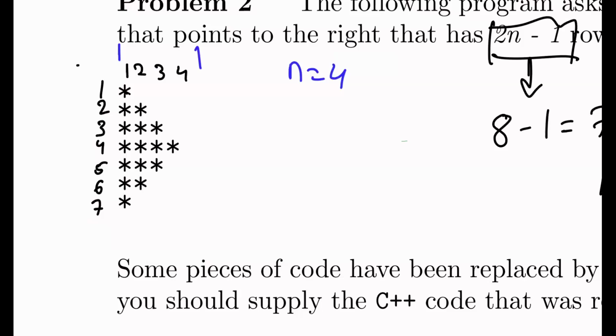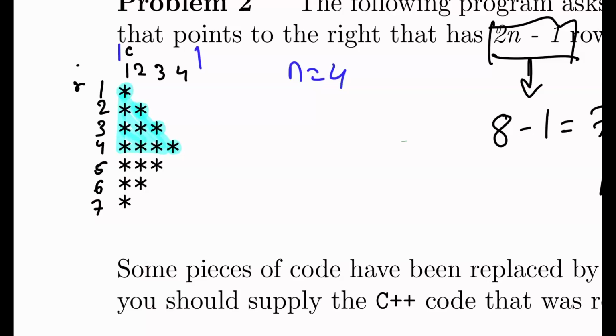This looks like when you do 1,1, you need to print, and when you do 2,2, you print, and 3,3, and 4,4. And whenever it is less than that, you need to print. This is the column and this is the row.